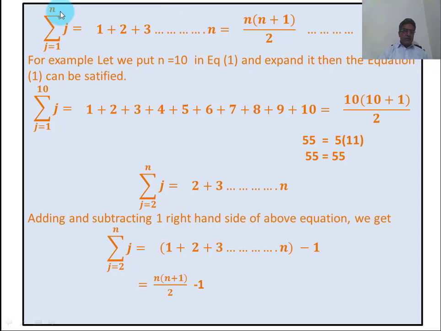Sigma j equal to 1 to n of j is equal to 1 plus 2 plus 3, and so on. For j equal to 1 we write 1, then insert the plus symbol; j is incremented to 2, we write 2, then plus; j is incremented again to 3, we write 3; and the last value of j becomes n, because it is the last limit.